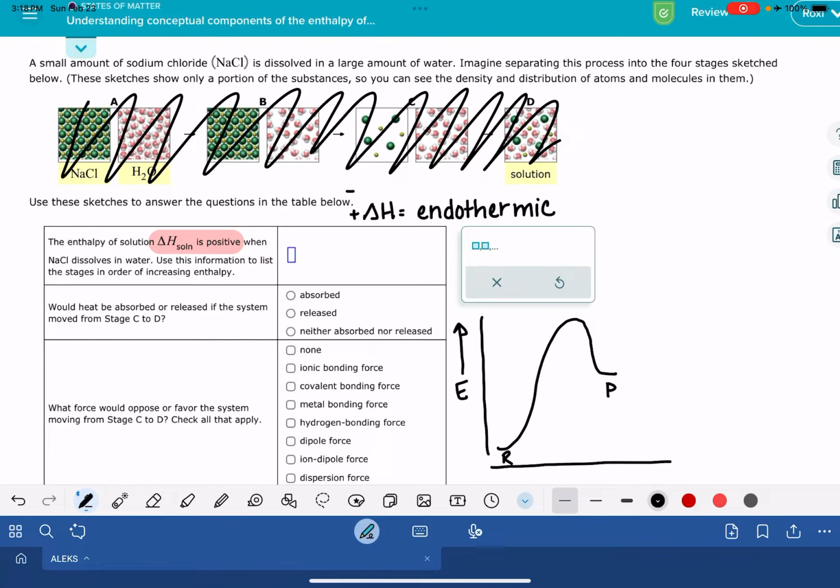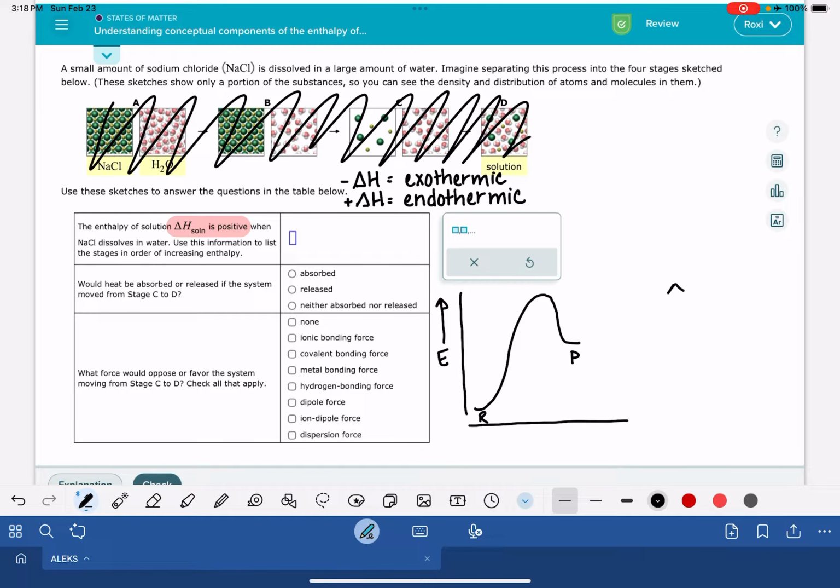And if you have a negative delta H, that means that you have an exothermic process. That's one where energy or enthalpy is released, because the products are lower in energy than the reactants. So a diagram that maybe looks something like this. We'll say this is a positive delta H reaction, and this would be a negative delta H.